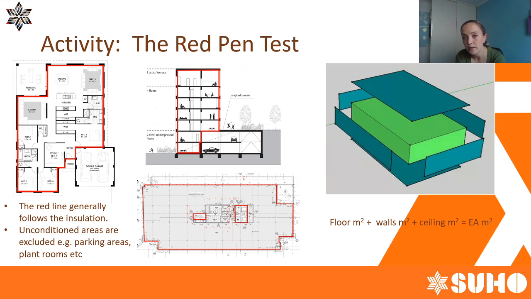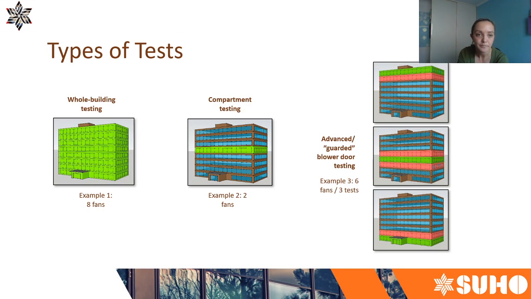This image here with the green boxes, that's just to identify to you some areas that we use to work out the air leakage results. So the dark green is the envelope area in square meterage, and the green is the volume of the building, and I'll go into that a bit later.